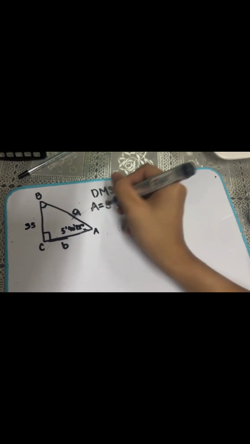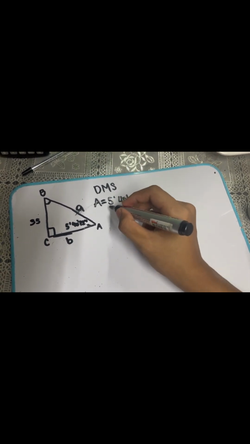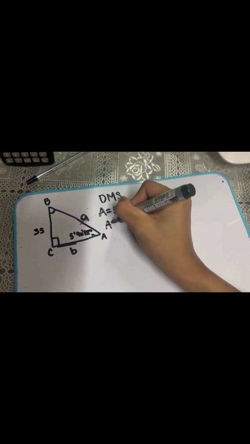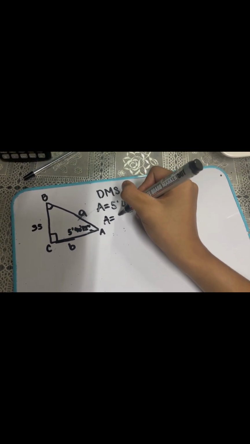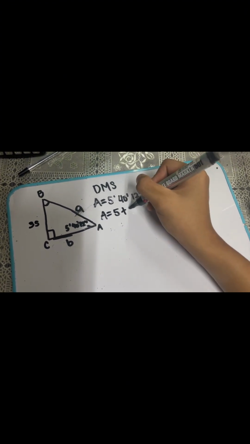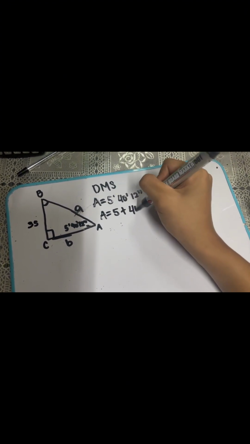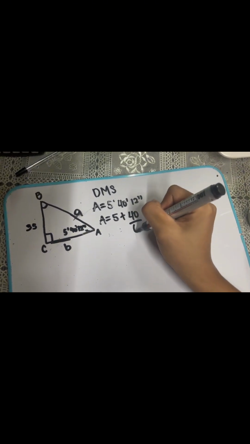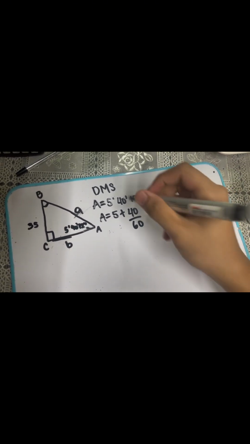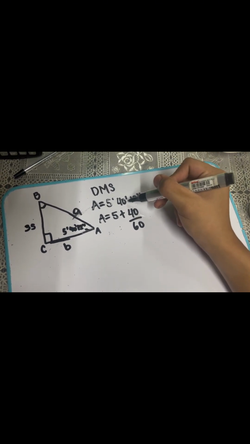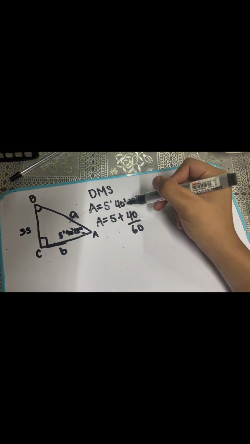So, in order to get our reference angle, we have to write 5 as a constant plus 40 divided by 60, since in order to get this, we had to multiply it by 60.